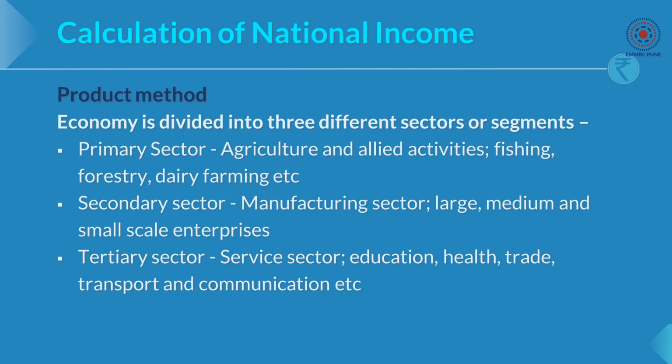The tertiary sector, also known as the service sector, includes all the services like education, health, trade, transport and communication, etc. The net value added by each sector is calculated at factor cost in national income.